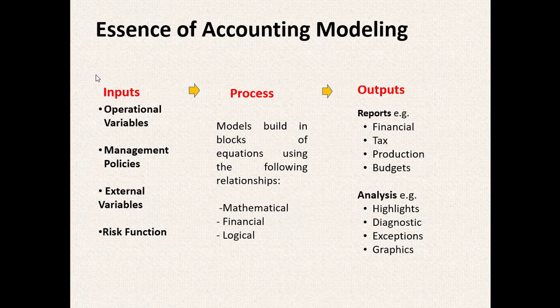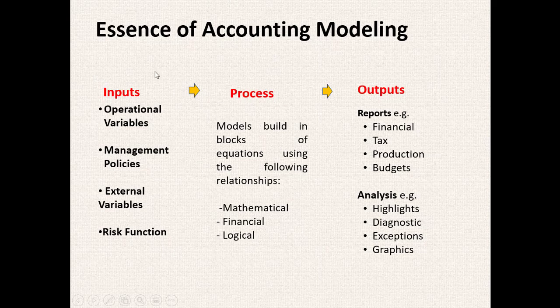It's a must. If it is to be a model, the inputs must be clearly identified. Then you need to establish the different kinds of mathematical relationships, financial relationships, and logical relationships. That is the hidden part, and that is what we call the process, right?